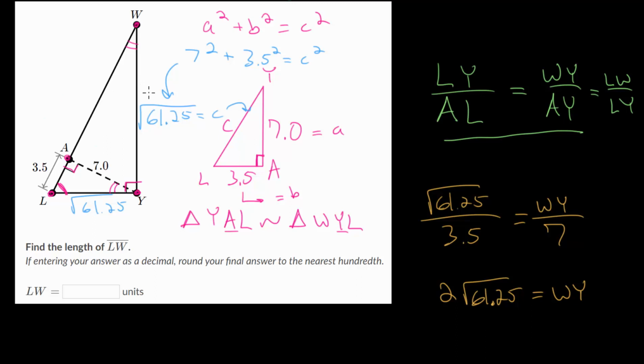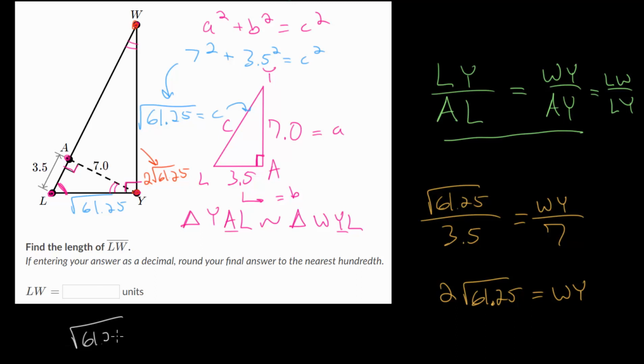So now let's write in that this side length here, WY, is twice the square root of 61.25. And from here we can use the Pythagorean theorem again. This is our hypotenuse, which if we want we can call it C, but I'm not going to write that so that we don't get the lettering confused. But basically, we're going to take each of the legs and square them.